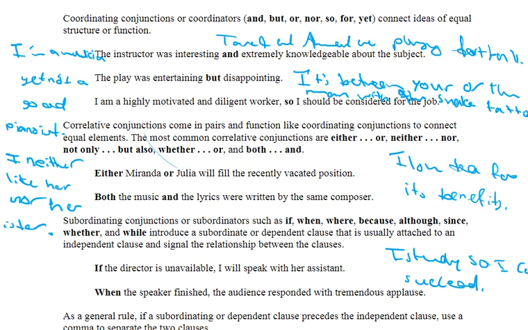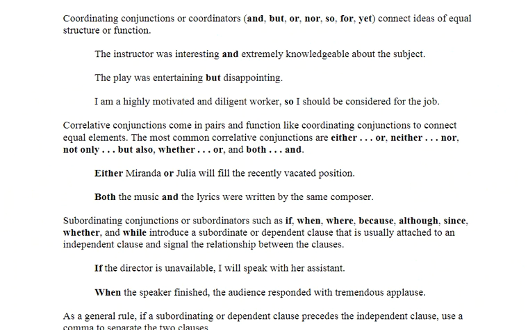In a compound sentence, there is a different punctuation, sorry. It's a different story. We use the coordinating conjunction to combine two independent clauses, two clauses that could be sentences on their own. The instructor was interesting and extremely knowledgeable about the subject.